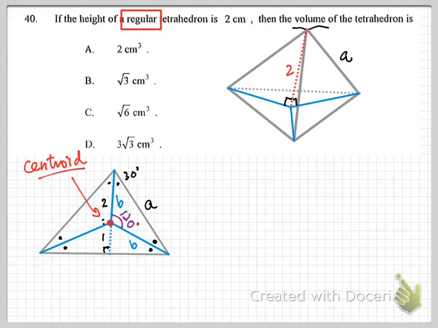What is the length of B? We have cosine 120 equals B squared plus B squared minus A squared, divided by twice B times B. All right.